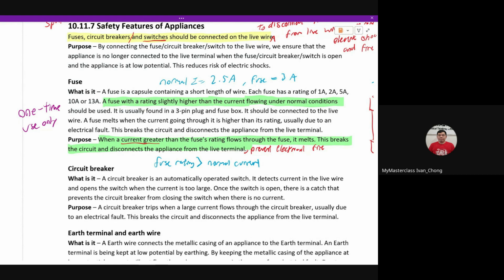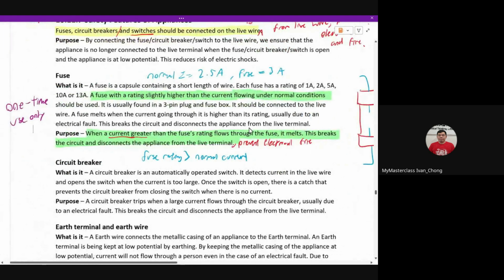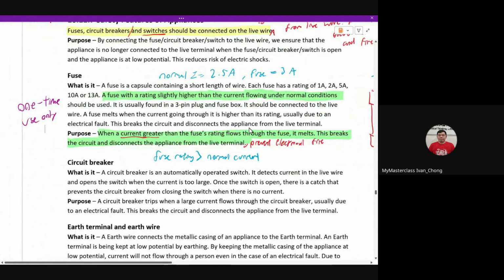For me, one of my massagers actually spoiled because I used the wrong charger for it. There was so much current flowing through it, it blew the fuse. You hear a sound, then it stopped working. No matter what I tried, it doesn't work. Why? Because now your fuse is empty. There's an open circuit, so no matter how much you try to use current to charge it, it doesn't work, because now it's a melted fuse.